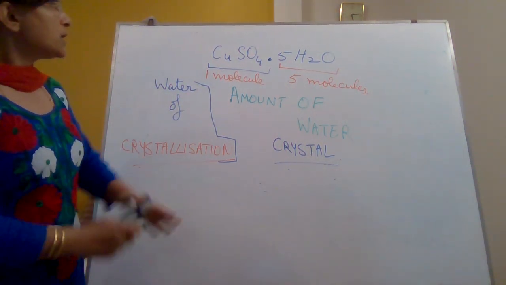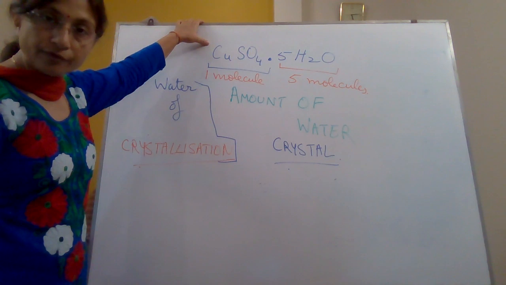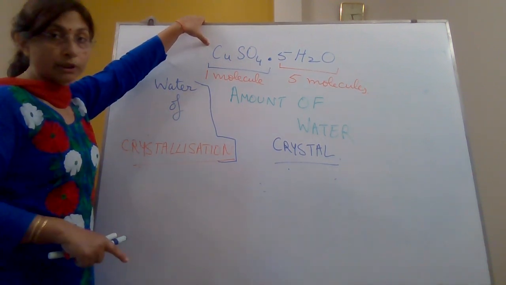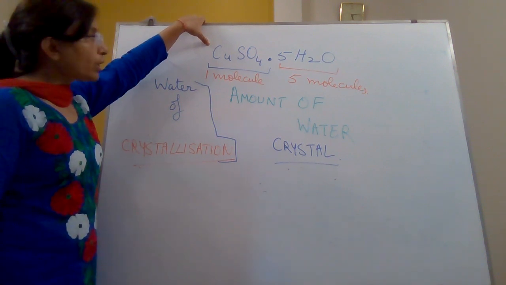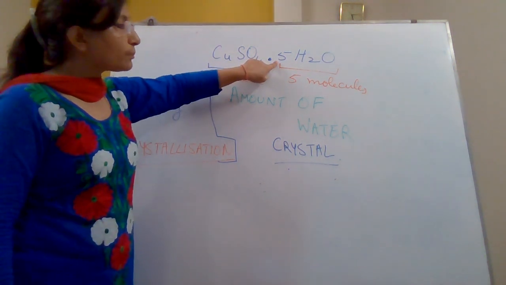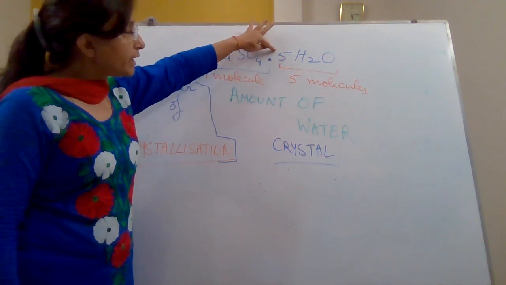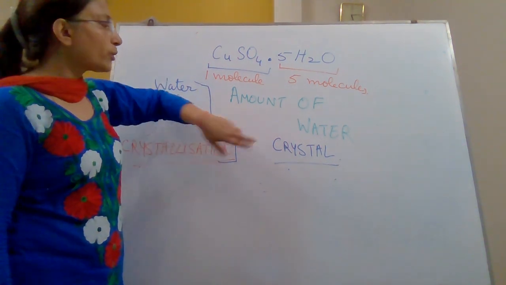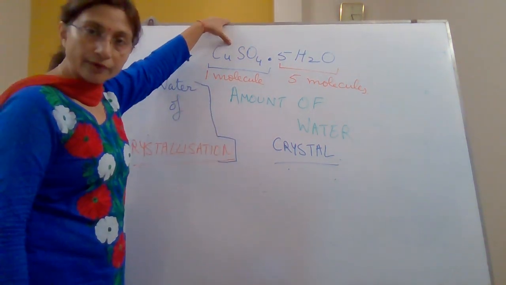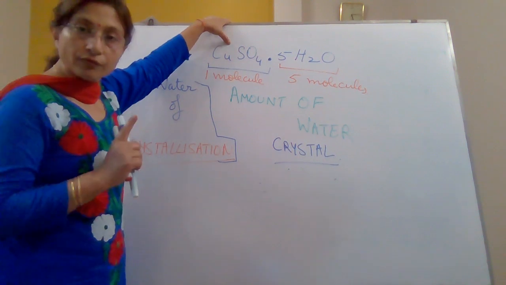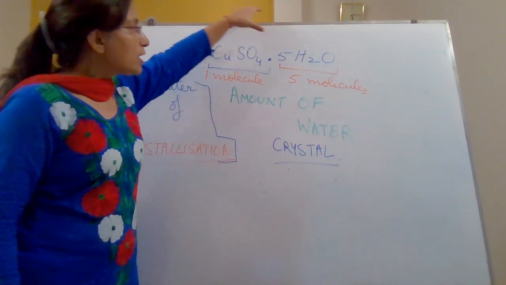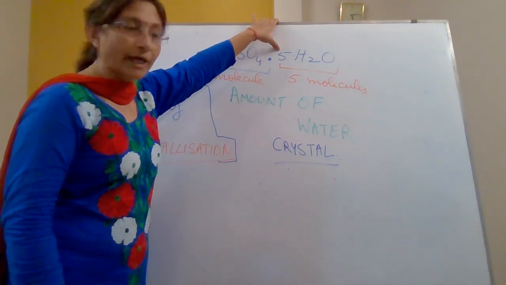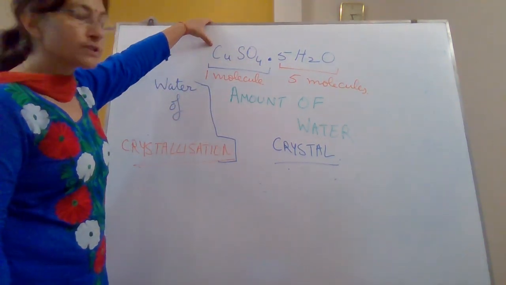That means जिस समय copper sulfate का hot saturated solution को cool down किया, at that time what happened, a fixed number of, fixed मतलब ये number कभी change नहीं होगा, always. In order to form the crystals of copper sulfate, always with one molecule of copper sulfate, 5 molecules of water will be attached, so that the crystals of copper sulfate are formed.